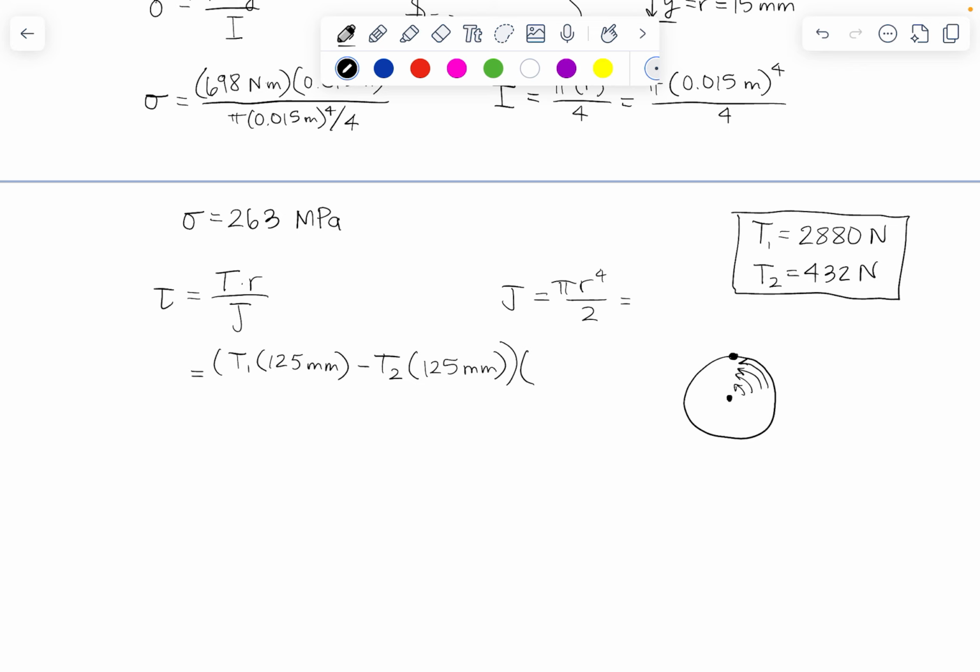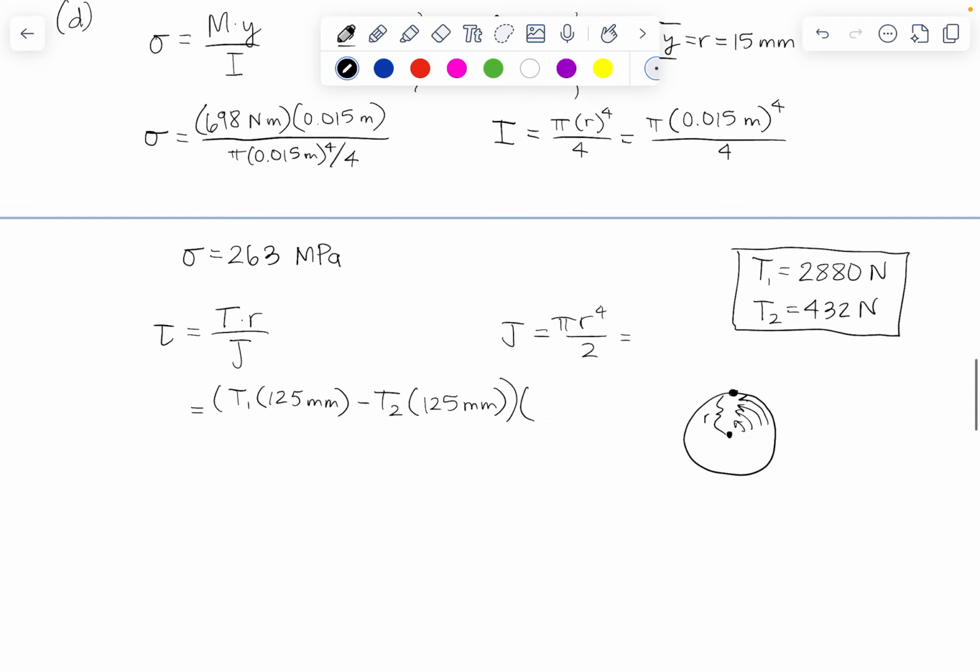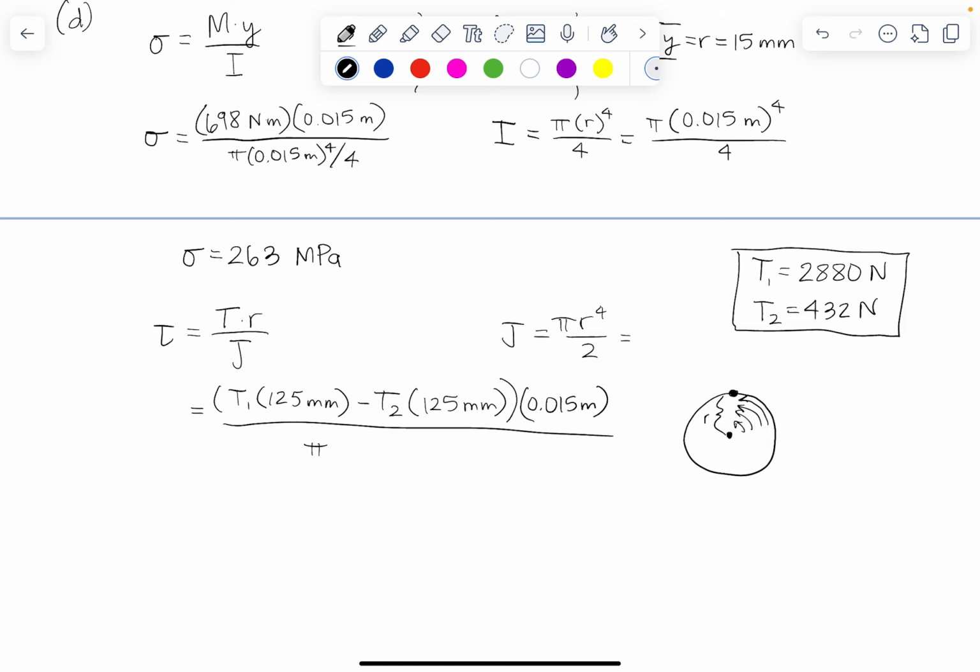So this distance R is the distance from the center to this most stretched fiber on the outside, which is our distance R. So that's 0.015 meters, divided by our polar area moment of inertia, so 0.015 meters to the 4th power over 2.